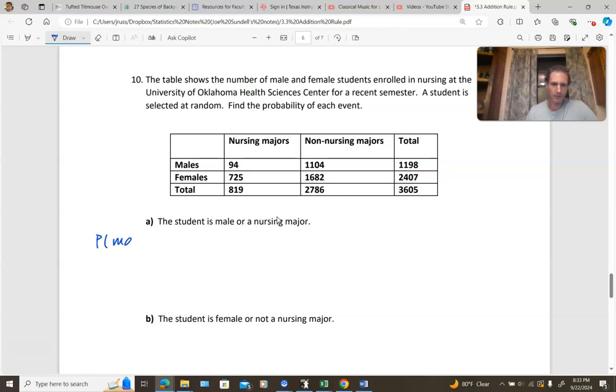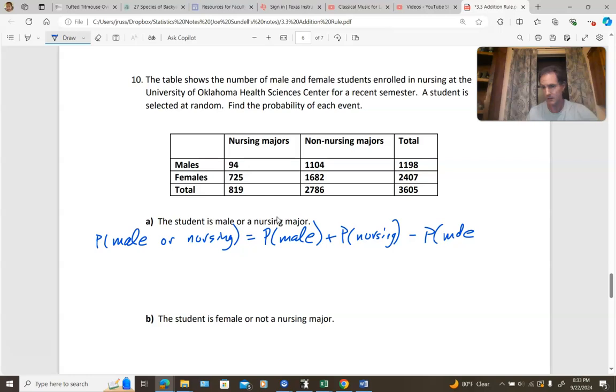So the probability of the student is male or nursing major. Okay, so this is going to be equal to the probability that the student is male plus the probability that the student is a nursing major minus, so we'll subtract off that intersection now, the probability that the student is male and a nursing major.